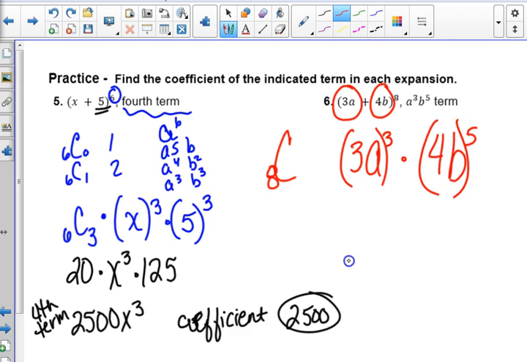Okay. 8C0 would have gone with an A to the 8th, right? 8C1 would go to an A to the 7th.